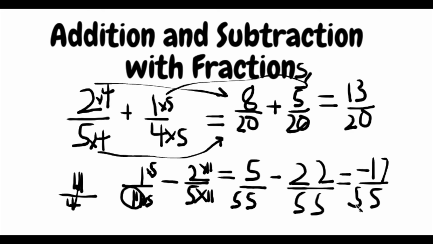One of the best tricks is to look at the denominator of the first fraction and the denominator of the second fraction, and multiply the top and bottom of the first fraction by the denominator of the second fraction, and vice versa. It's a pretty cool trick, and the numbers will usually work out a little nicer than negative 17 over 55 and 13 over 20, but hopefully you get the main idea.